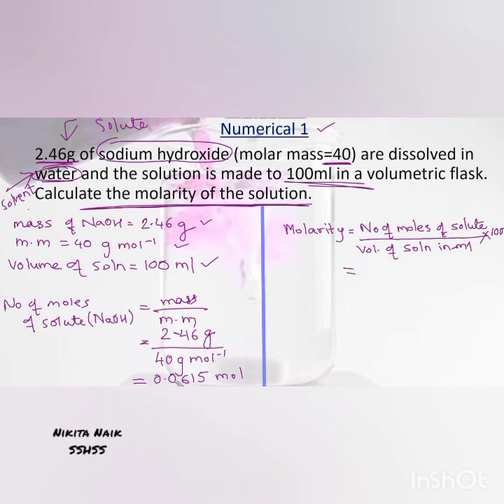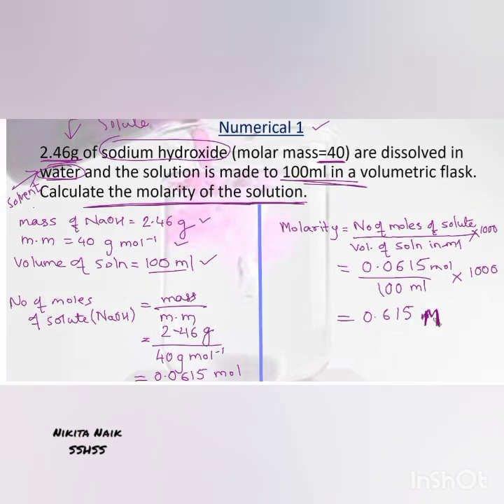So we know that the number of moles of solute is 0.0615 upon volume of solution is given in terms of ml. So this is 100 ml into 1000. The answer of this is 0.615 mole per liter or molar, that is capital M.